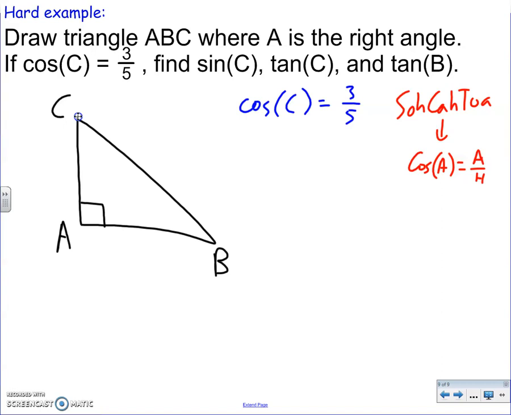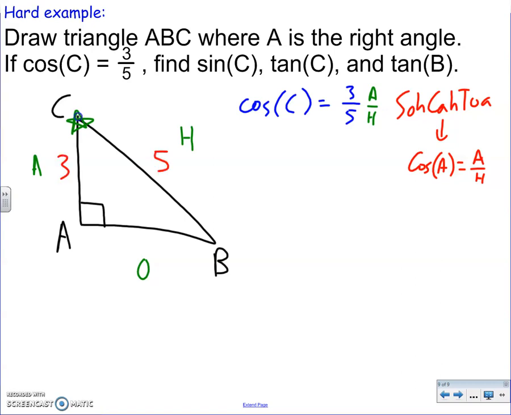They're saying start at angle C. If you label H, A, O, here's H, here's A, here's O. They're telling us the fraction is 3 over 5, so the 3 is the A and the 5 is the H. They gave the two numbers for the sides already. So A is 3, H is 5.